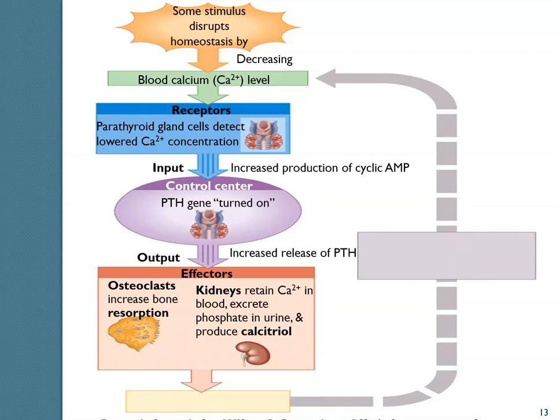Parathyroid hormone release, or even the parathyroid hormone presence, will stimulate a couple of things. One, they're going to stimulate the cells called osteoclasts. Osteoclasts will break down bone. Remember we mentioned osteoclasts break down bone while osteoblasts make bone. So osteoclasts breaking down the bone means they're going to be releasing the calcium from the bone into the blood.